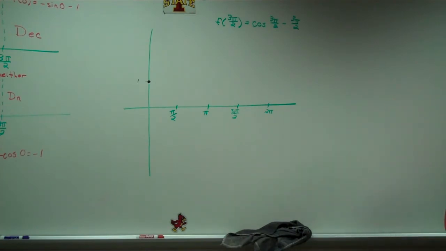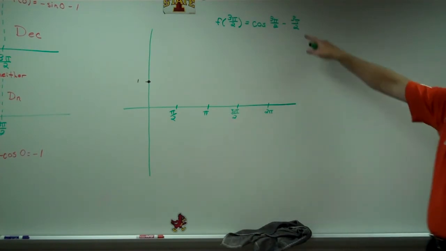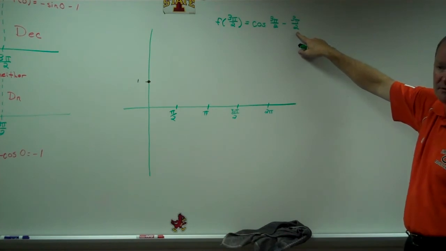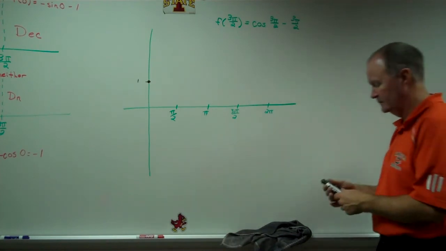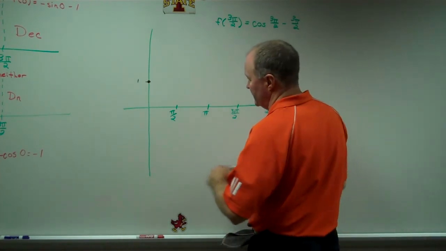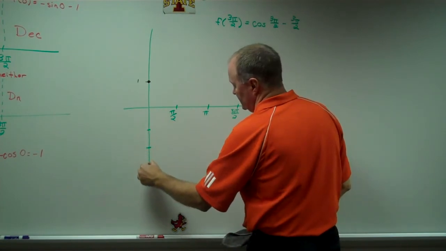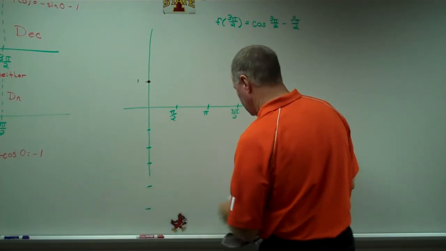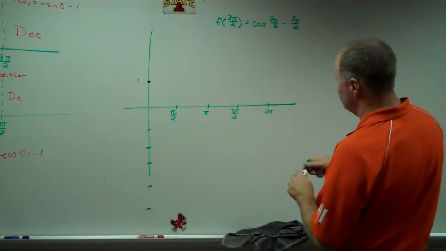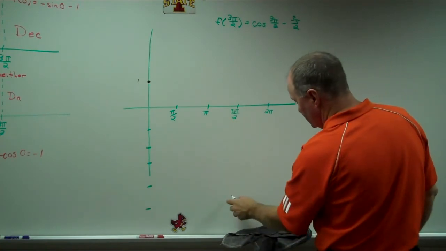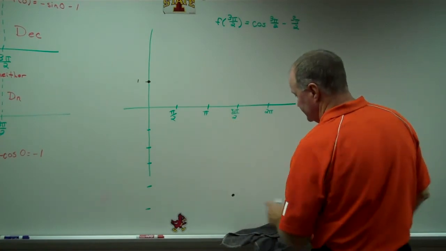So I got negative 3 pi over 2. Well, what the heck is that? Didn't we write 3 pi over 2 as a decimal on your gold sheet somewhere? 4.71. And so I got negative 4.71 right about there.